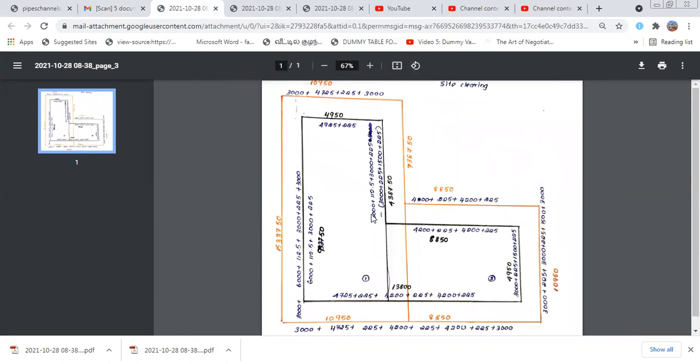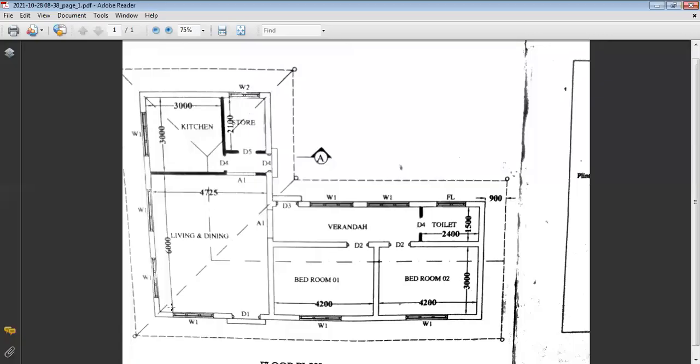This one for this line, 4,725, 4,000 here, 4,725 plus 225 millimeter plus 4,200 millimeter plus 225 millimeter plus 4,200 millimeter plus center line. This one, 225 divided by 2. Here 225 divided by 2. You can see here.